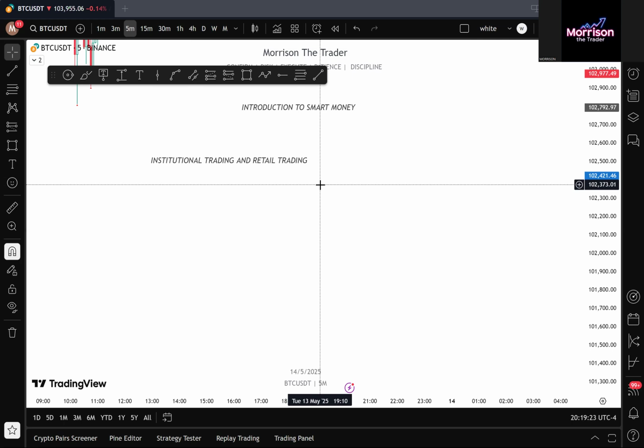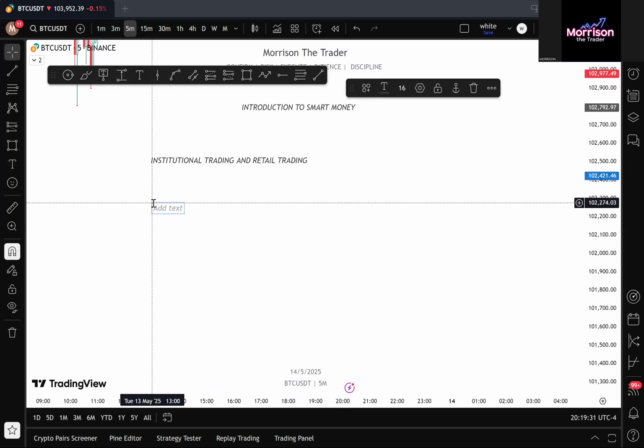So the whole idea of smart money is that when these big institutions move the market in a direction, they leave a blueprint.